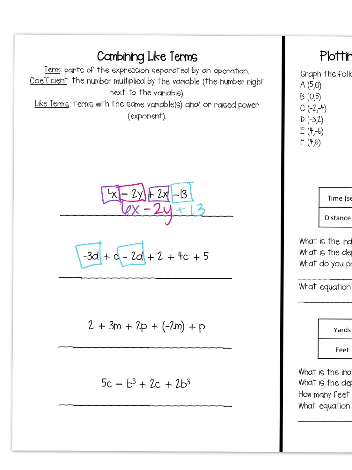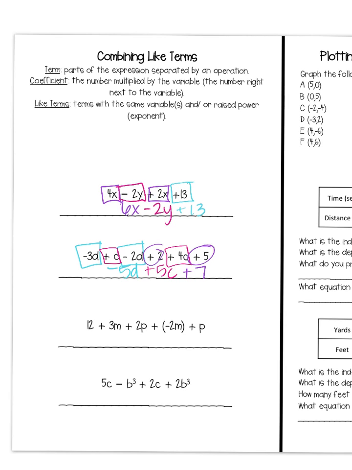These are the same signs, so that's negative 5d. I have a positive c and a positive 4c, so that gives me a combined 5c. And then I have a 2 and a 5, same sign add. Awesome, you've combined your terms there.